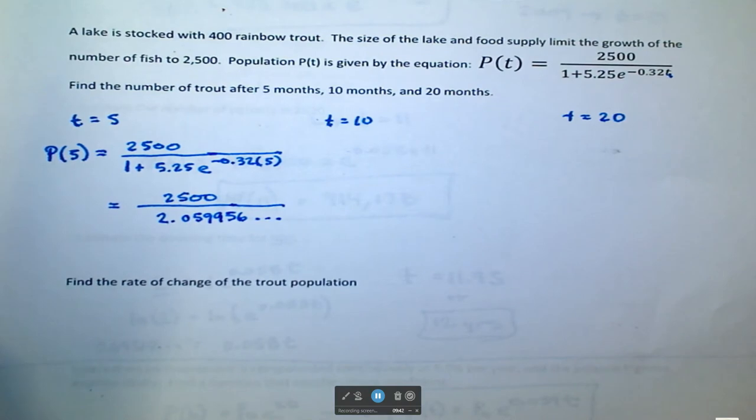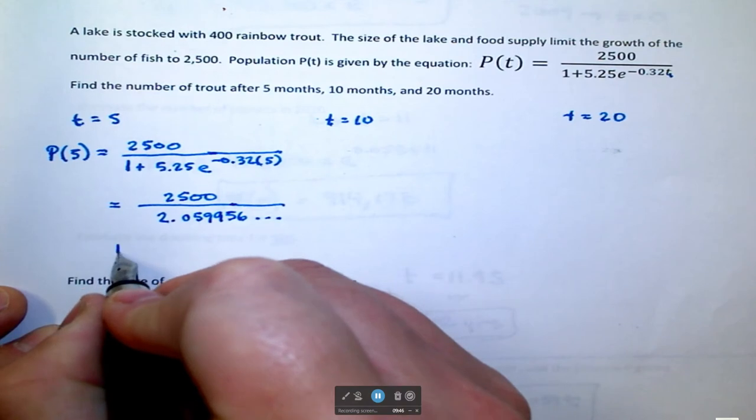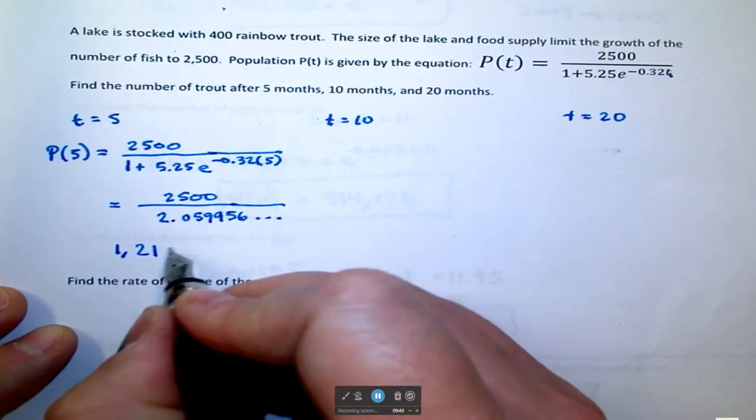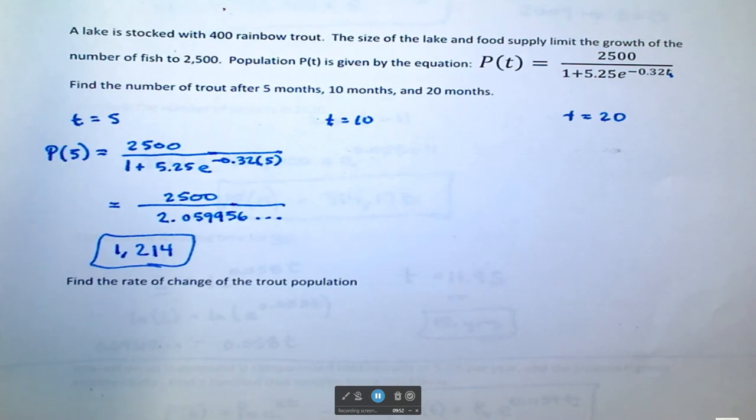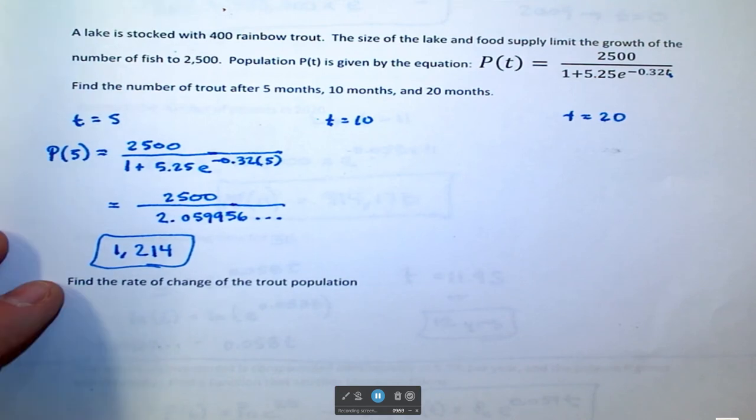Then I take 2,500 and divide it by that number, and I get 1,214 trout. Fair enough? Cool.